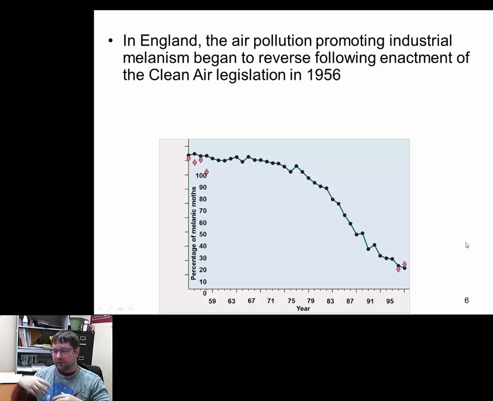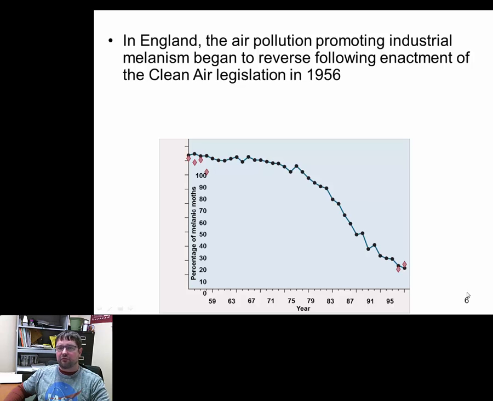So this is that shift in the population's genetics, shifting from white to black during the Industrial Revolution, and then after the Industrial Revolution, when the Clean Air legislation and act came about, going back from black to white, and you see these patterns. It's not that the white moth was ever gone or the black variety ever left.